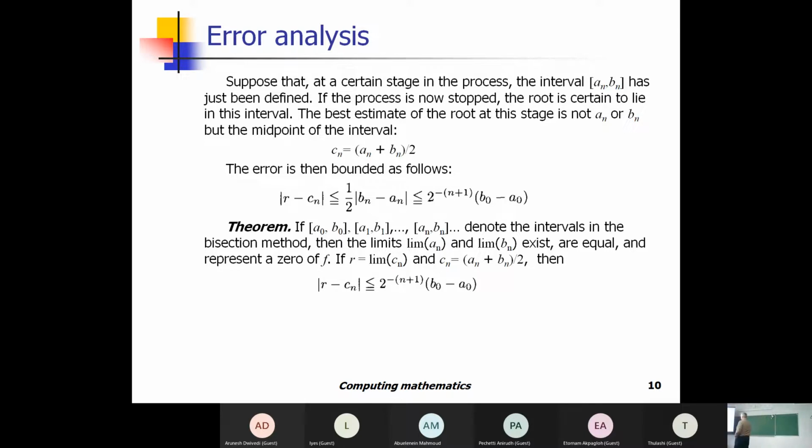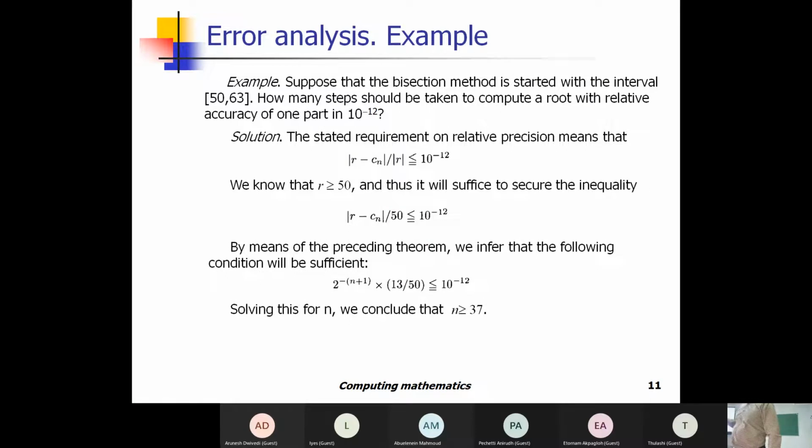According to this theorem, R minus Cn is smaller or equal to 2 power minus n plus 1 times b0 minus a0. What is b0 minus a0? Yes, it's 13. 63 minus 50, it's 13.